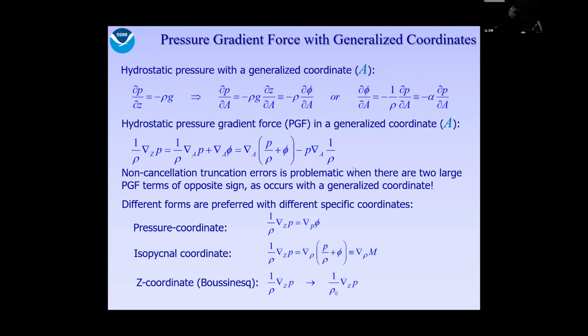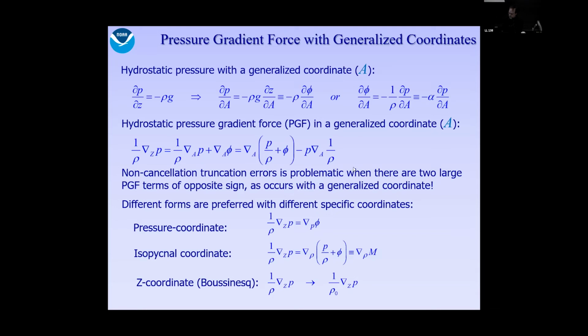Conversely, if you're in an isopycnal coordinate model, then you would write your pressure gradient as the gradient along surfaces of constant density of the Montgomery potential. If you are in a z-coordinate Boussinesque model, then the way that you deal with this is by simply saying, well, rho is approximately a mean density, make it a constant, and that does the same thing.